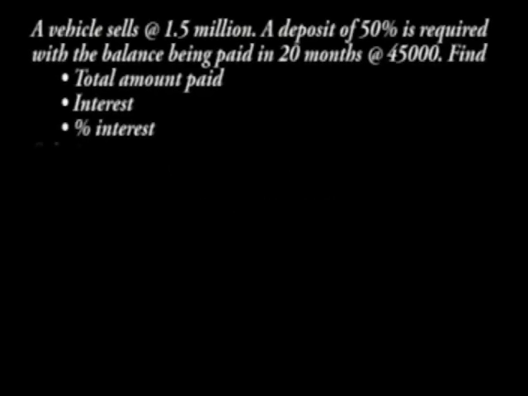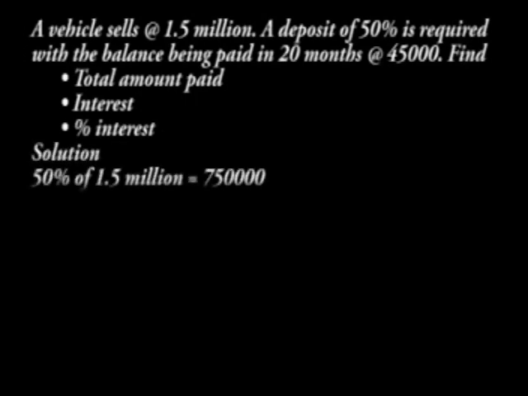For example, a vehicle sells at 1.5 million. A deposit of 50% is required, with the balance being paid in 20 monthly installments of 45,000 per month. Find the total amount paid, the interest, and the percentage interest. In our solution, 50% of 1 million is 750,000.